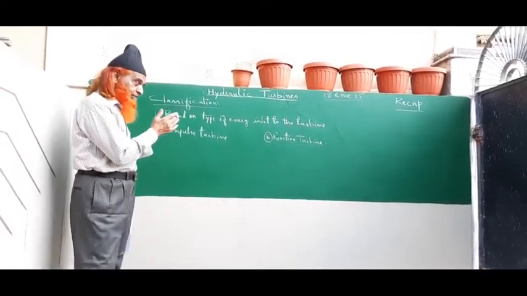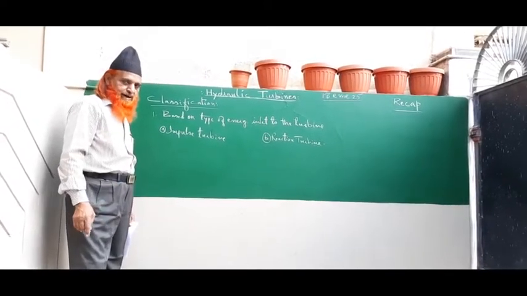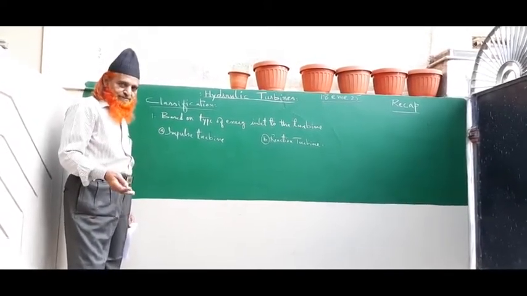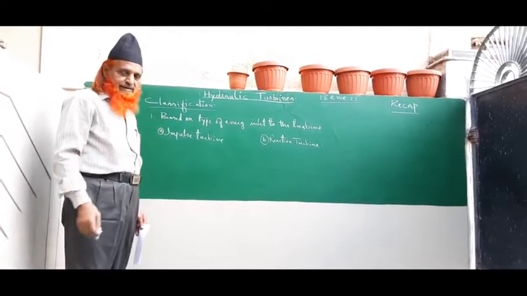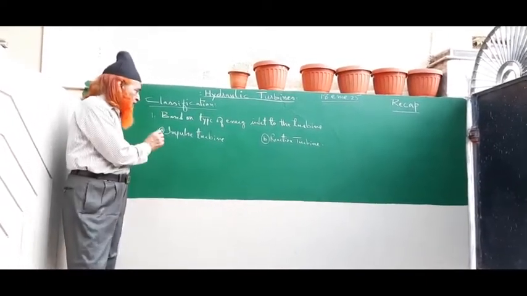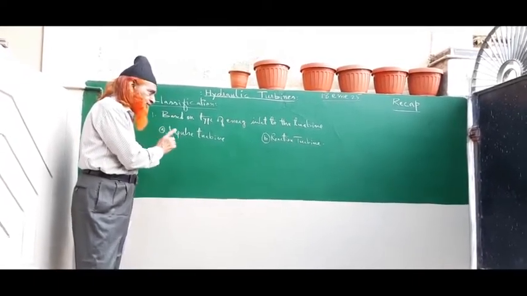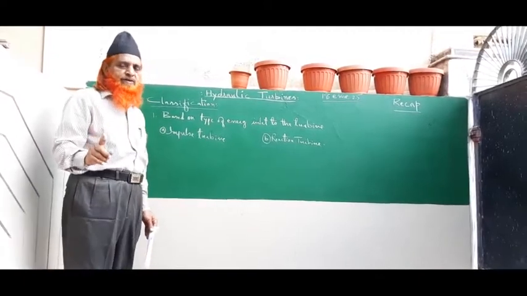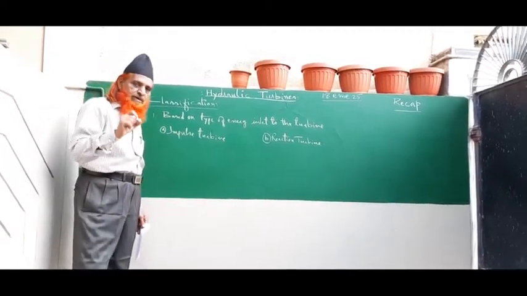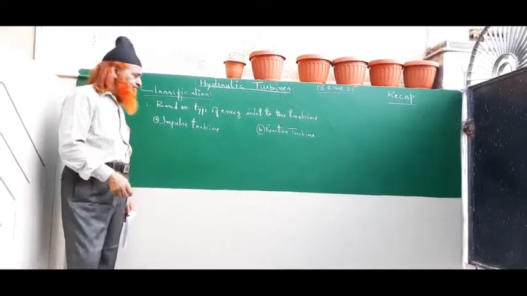The reaction turbine is sometimes called an impulse reaction turbine also, because for the flow consideration there is supposed to be some kinetic energy. Therefore, it is called an impulse reaction turbine. Then impulse turbine and reaction turbine, this is the first classification, and it is the major classification because it is on the basis of the energy inlet to the turbine.